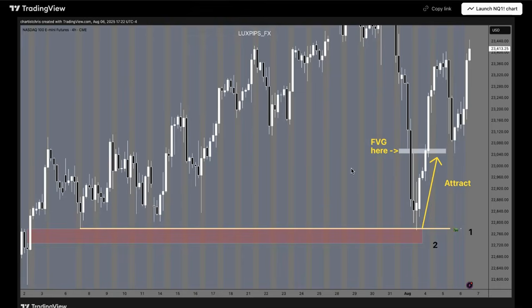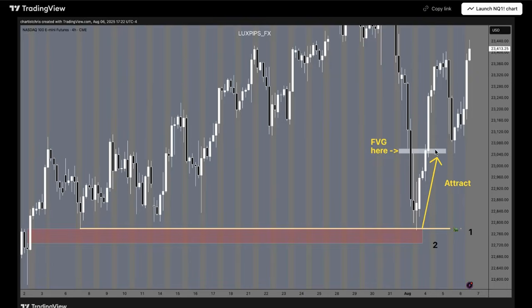So here's an example of price being attracted to an FVG using all the rules we went over. So one being this low over here being swept, and two is the void area, which we will go over in this video. So price does the turtle soup, has its one and two stage liquidity, then reverses back to the FVG.